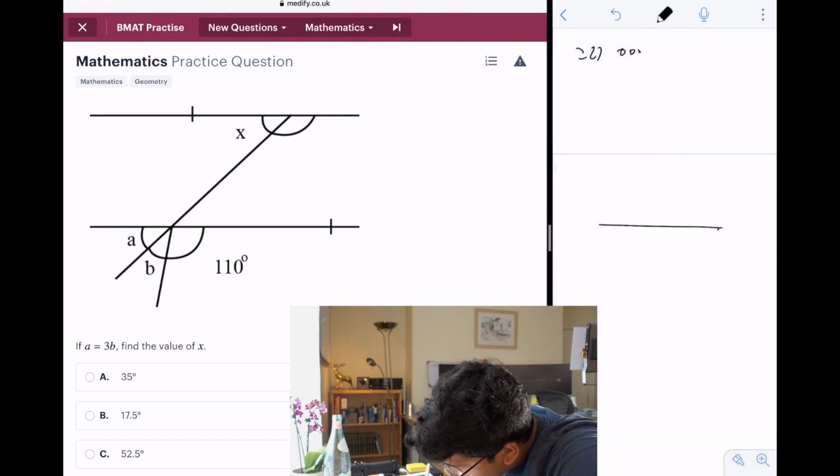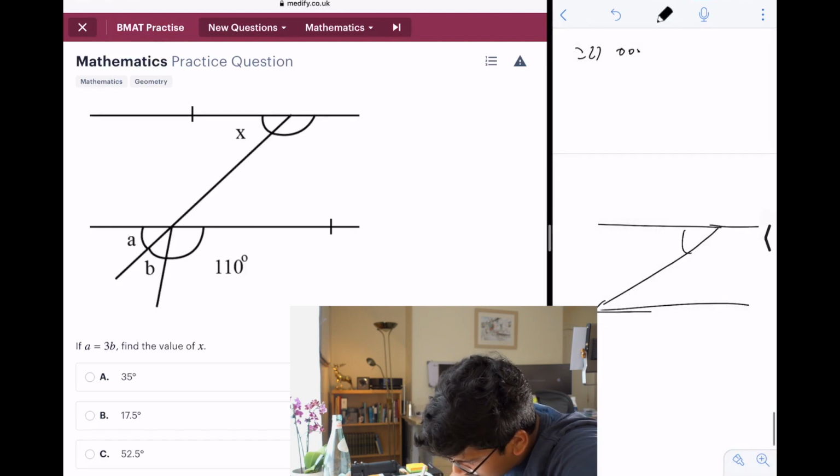So let's leave myself some more space. Let's carry this line on. Okay, that's x, that's x. And then I've got sort of that line carrying on here. That's A, which means that's also equal to x.